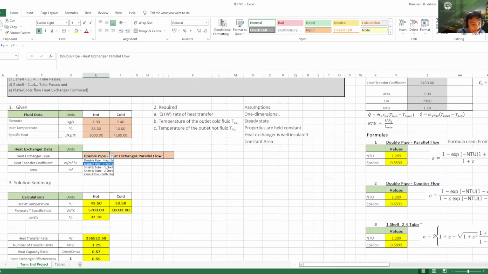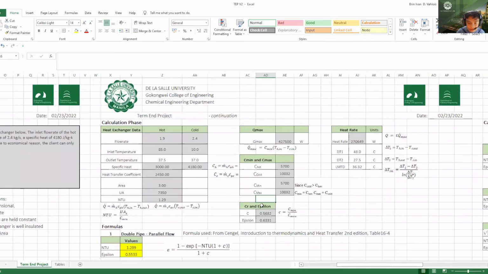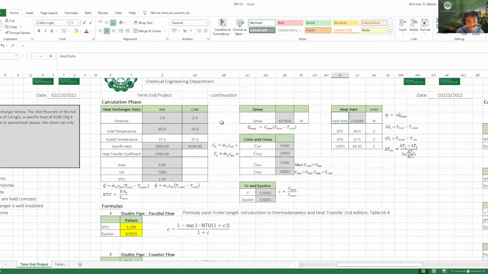For the double pipe heat exchanger, it is also the same procedure. First, we get the Cmin and Cmax. Then we get the NTU. Then we get C, epsilon, then Qmax, then outlet temperature, then the heat rate. Okay?